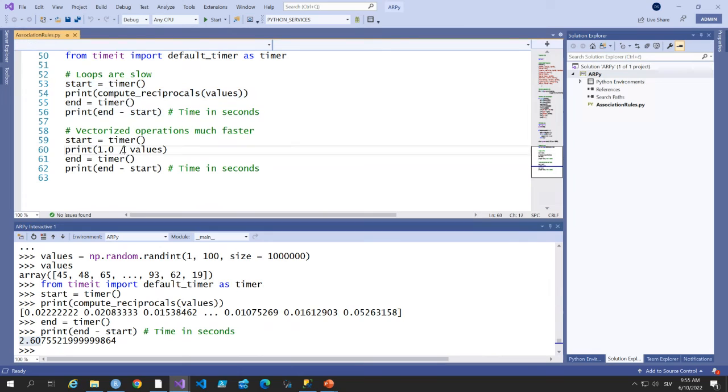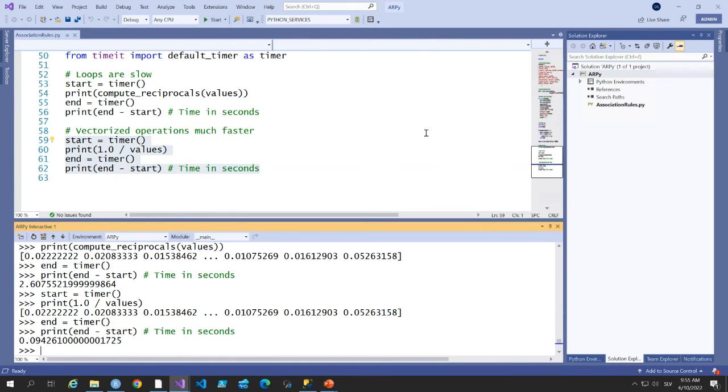Now, because I imported NumPy, the divide operator is already overloaded with matrix operations. So let's calculate it with the vectorized version. And it was 0.1. So how many times faster is that? 260, nearly 300 times faster.